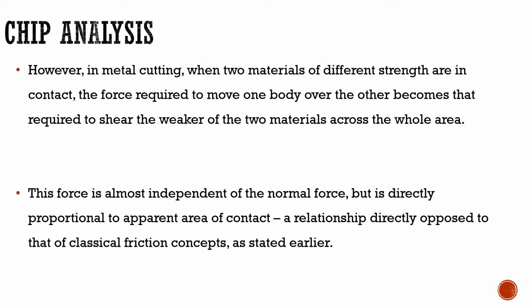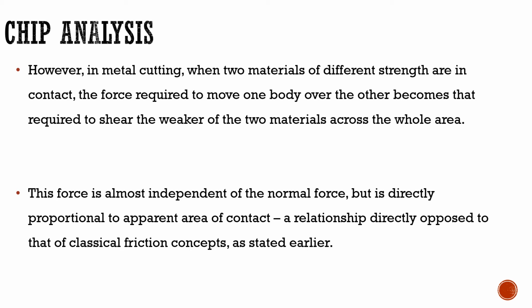In the areas of real contact, the atoms of the two surfaces are brought within range of their very strong attractive forces, meaning that they are atomically bonded. And the frictional force is the force that is required to shear these areas of real contact.